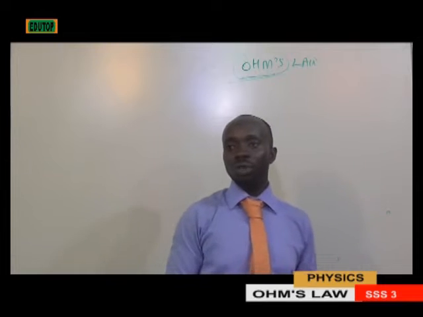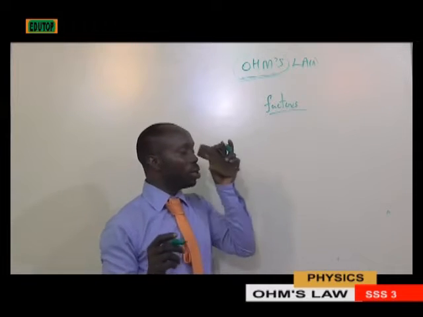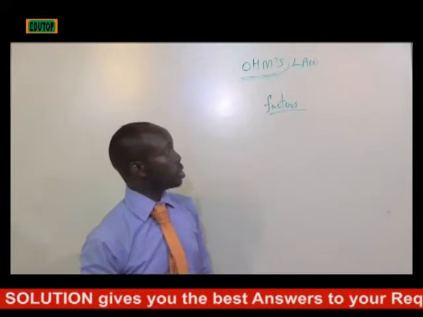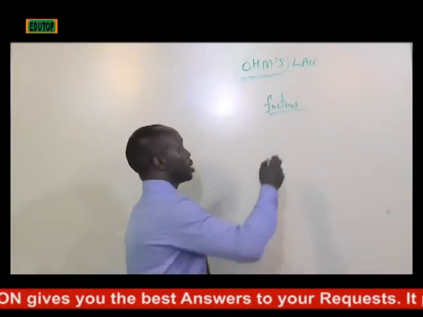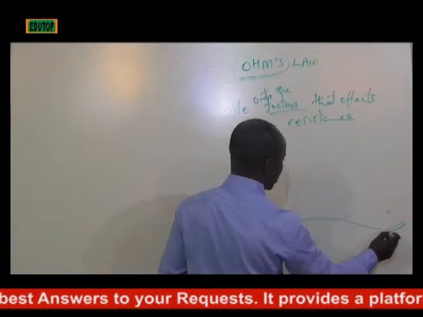Now, under the factors, number one, the length of your wire. I remember this particular question twice in the O-level which I wrote. I've always been meeting this question: write out factors that affect resistance. Let's put a drawing so that you can understand.